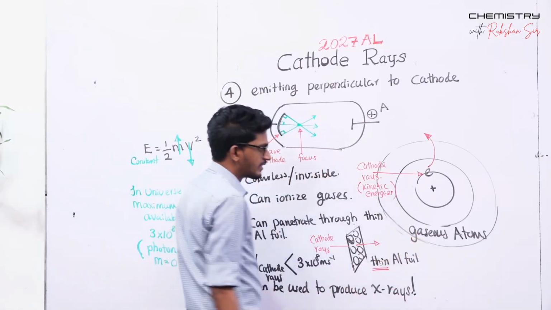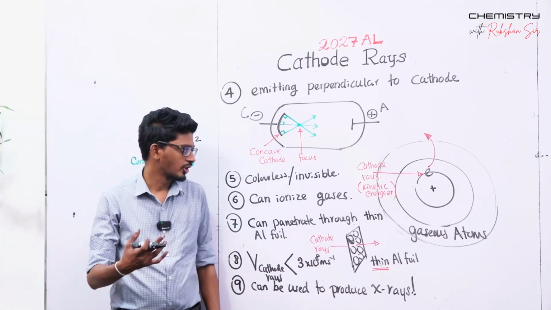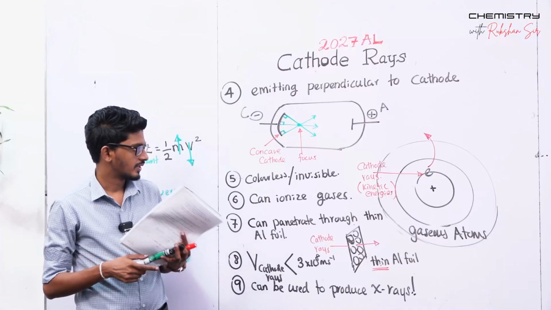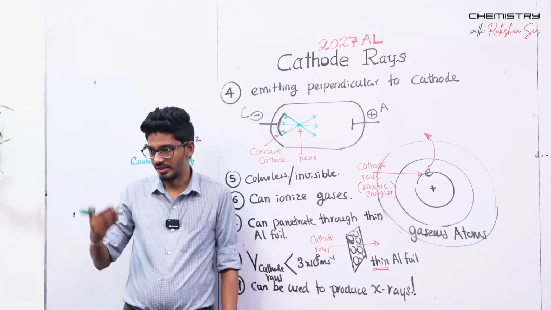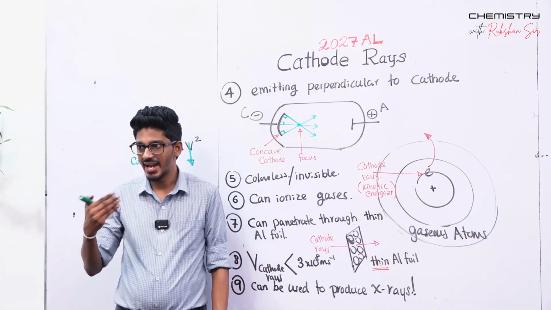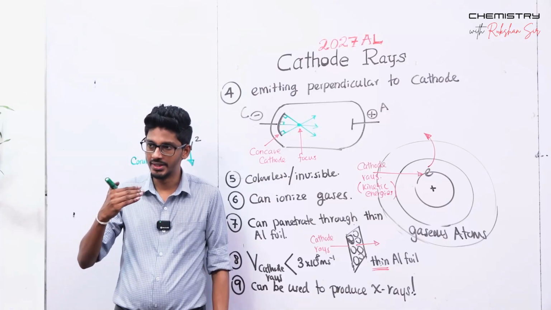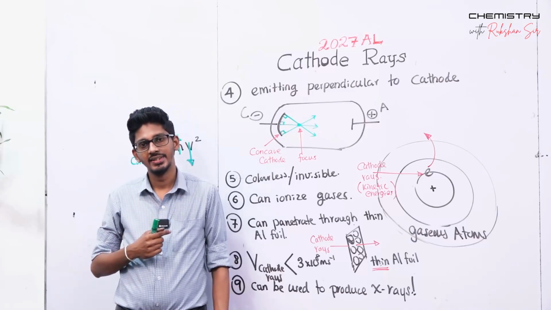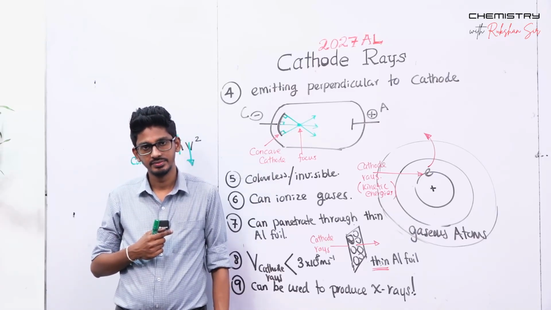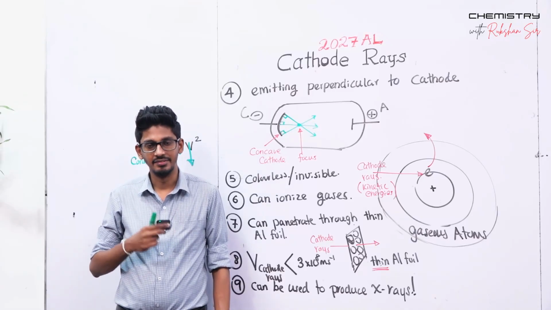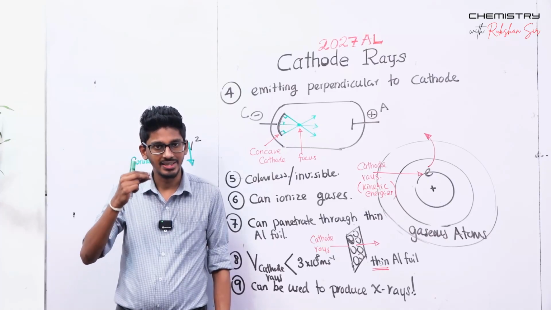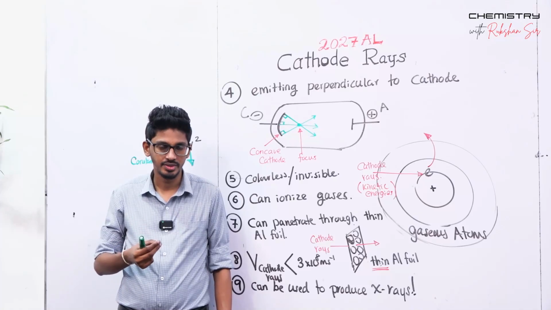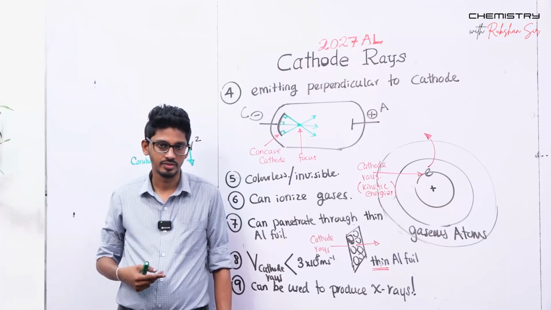That can also happen. If cathode rays are able to produce light rays, the green color electromagnetic radiation, from gases or from the atoms at the walls of the glass tube, why can't they produce X-rays?